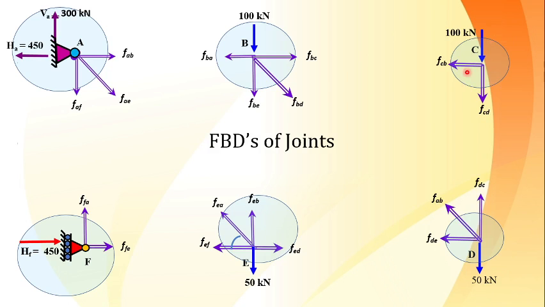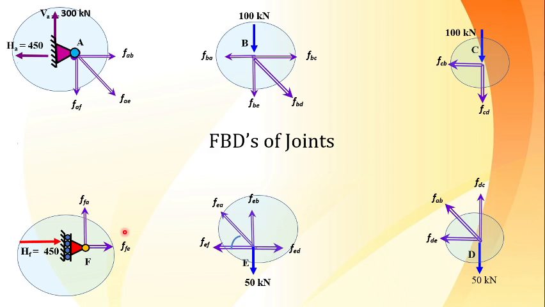Let us draw the free body diagram of joint F and C one by one. For me the screen is available, so simultaneously I may take one or two or maximum three joints at a time. But for you people, you simply have to draw either joint C or joint F. For the sake of animation and putting certain dynamics into the slides, I have to draw these joints simultaneously.